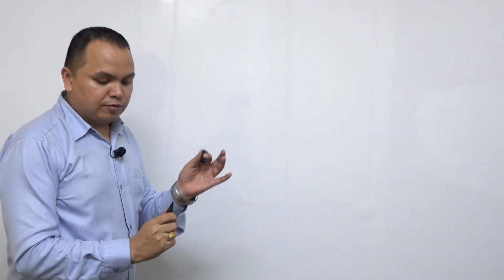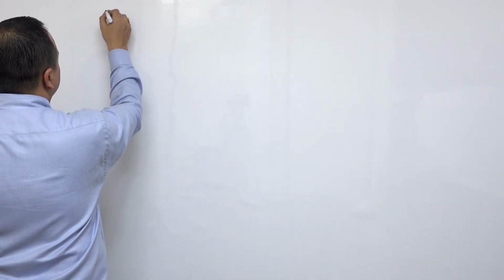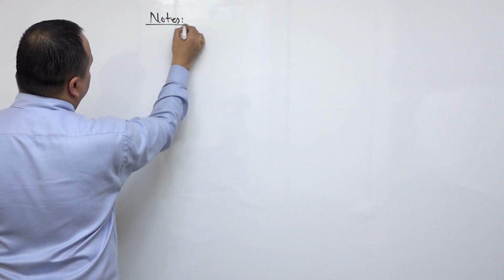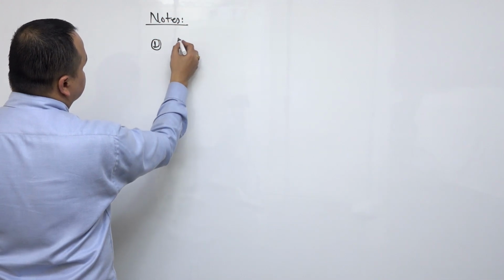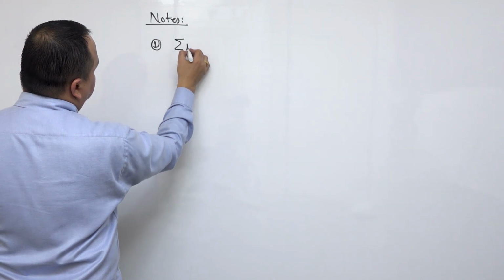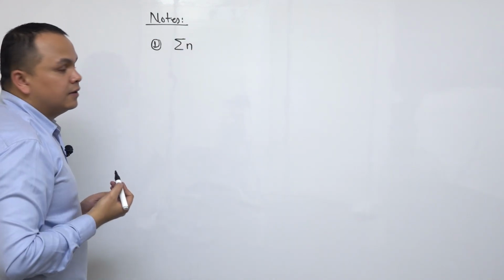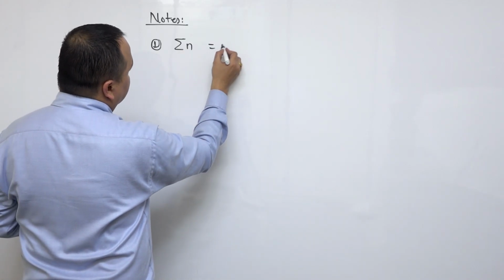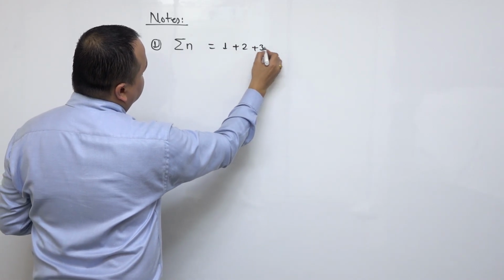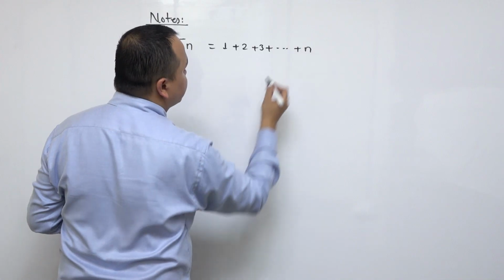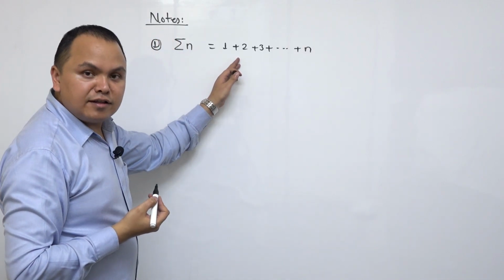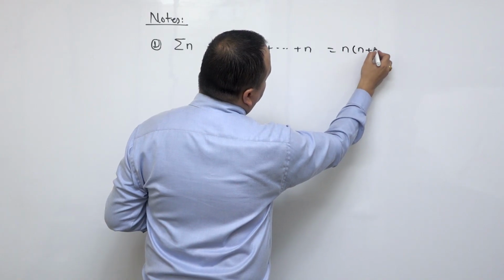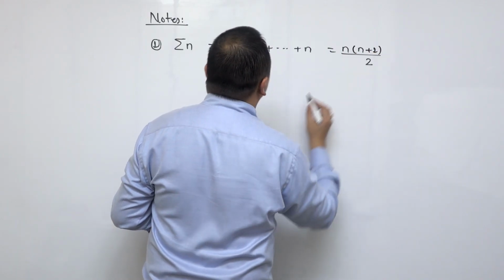Now notes. One, summation n, where n runs from 1 to n, that is 1 plus 2 plus 3 plus up to n, the sum of the first n natural numbers, which is equal to n times n plus 1 divided by 2.